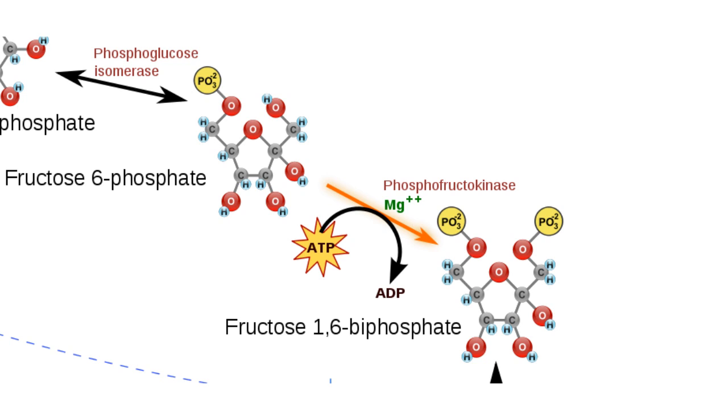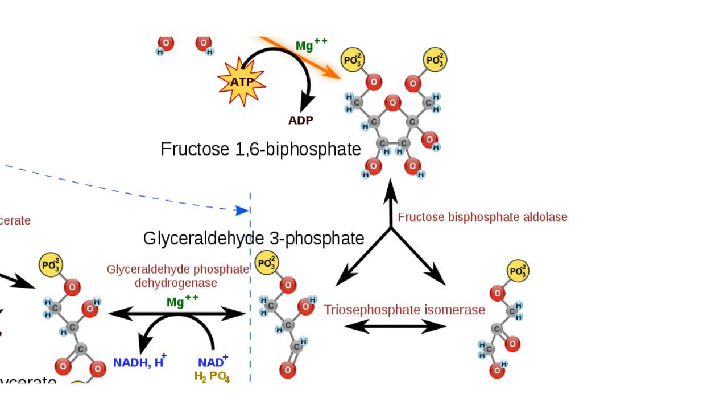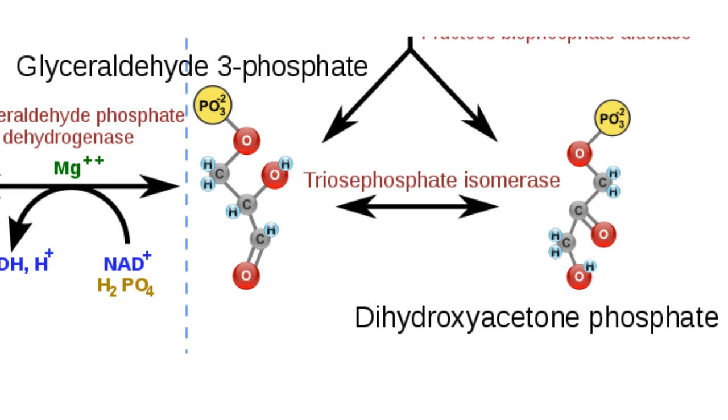Phosphofructokinase, the enzyme, is allosterically regulated by ATP and its products. With a phosphate group on either side, the molecule is ready to be split in half. Aldolase, an enzyme, cleaves fructose 1,6-bisphosphate into two different 3-carbon sugars, dihydroxyacetone phosphate and glyceraldehyde 3-phosphate.